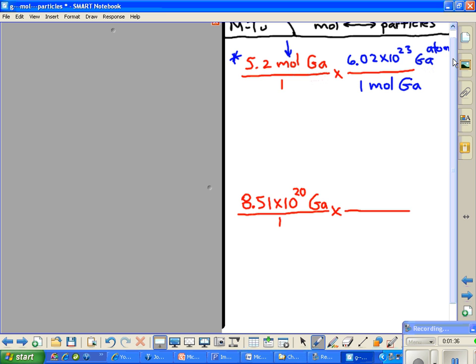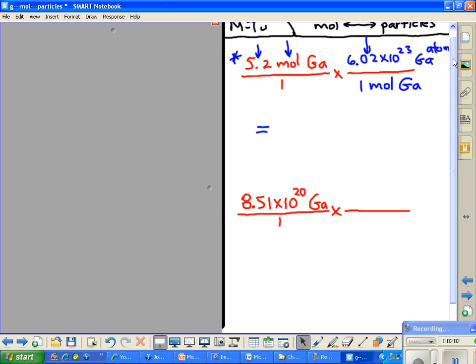So we've got that set up, and now when we do our actual calculation, we multiply those two numbers. As you get out your calculator to do that, you'll multiply the 5.2 times 6.02. Why don't you do that with me as I do it on the calculator?